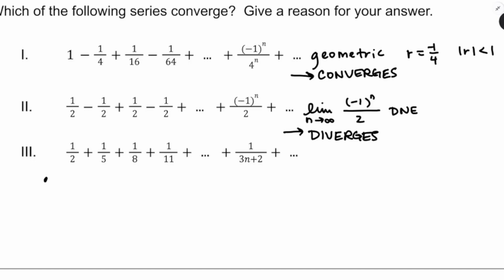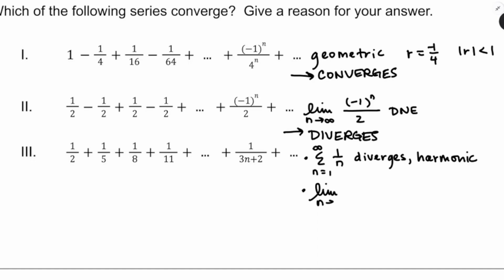So over here for number 3, actually I can probably fit it in. The sum as n goes from 1 to infinity of 1 over n diverges because it's the harmonic series. Do the limit comparison test.